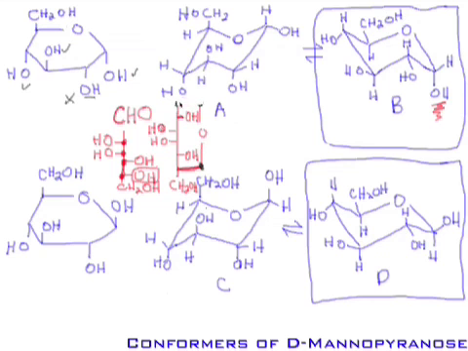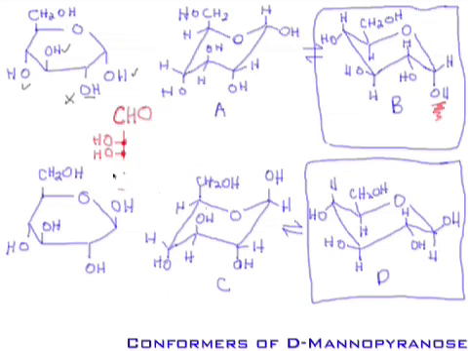So let's erase this. Now that I know the change I have to make, I can clear this up because it's a little cluttered. And I can begin changing my alpha D-Glucopyranose into mannose. So all I have to do is change that one OH.